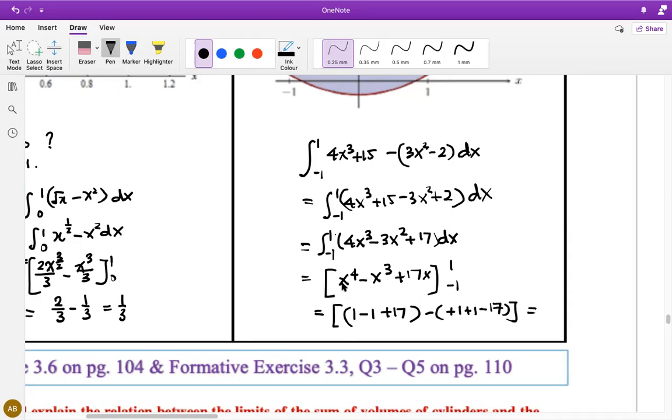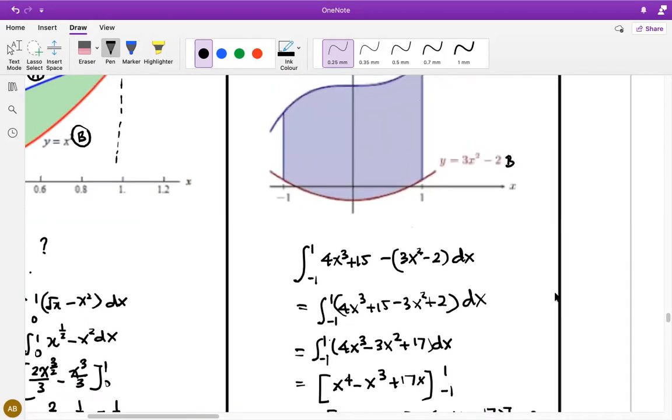Why? -1 squared, 1 to the power 4 is 1, right? -1 to the power 3 is -1. So it's positive, positive. So you get your answer. Okay, 17 minus 2 minus 17. So you get the answer 32. All right, 32 for the area here.